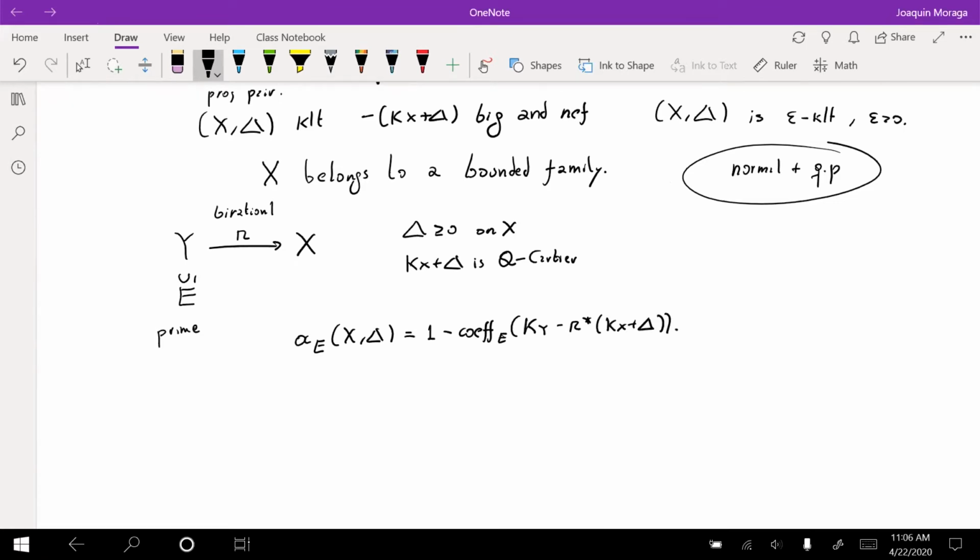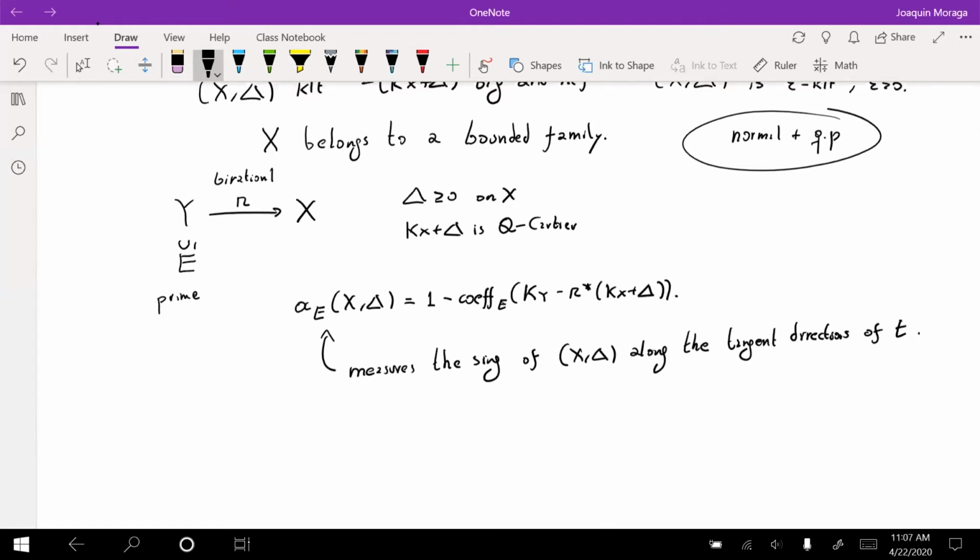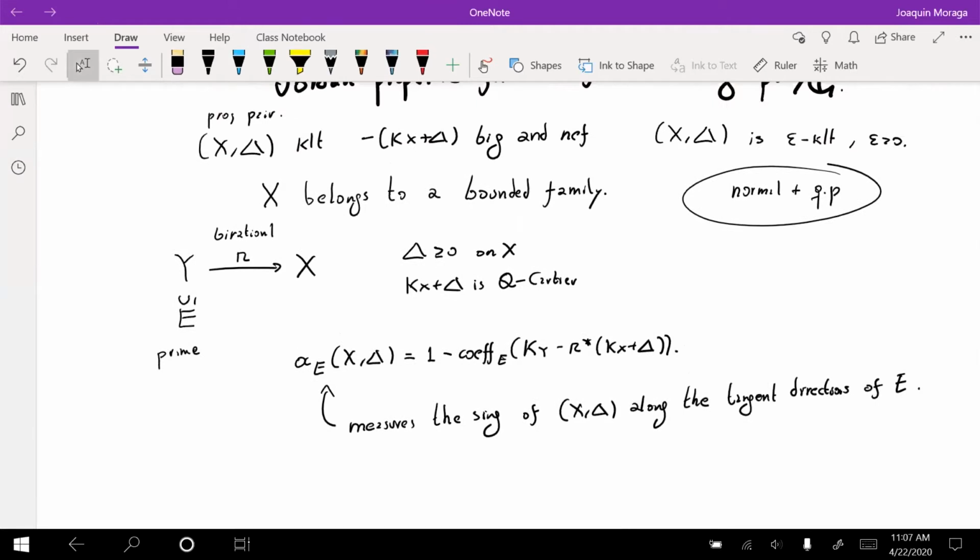Okay, so this definition essentially measures the singularities of (X, Delta) along the tangent directions corresponding to E. So E is an exceptional divisor in some birational model, but one can understand the points of E as tangent directions on the pair, and this gives you a measurement of the singularity.